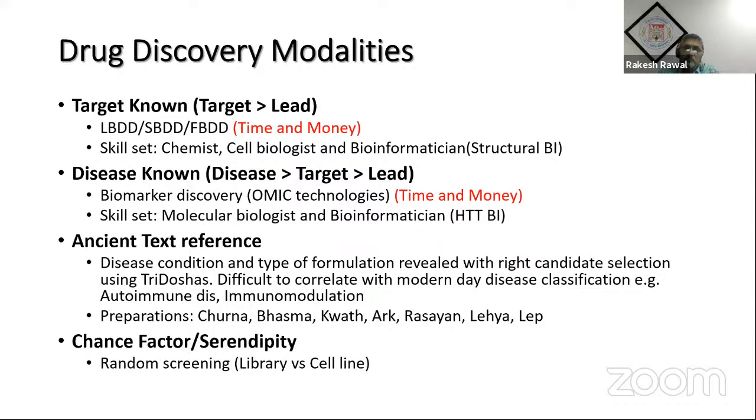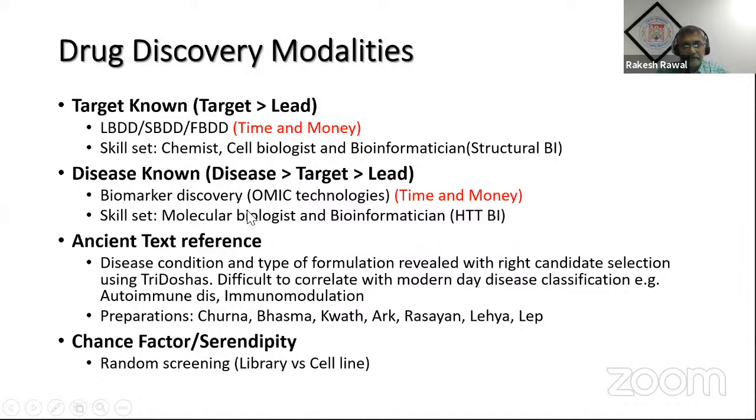Then out of these whole lakhs of chemical repository, which molecule can go and fit with that? Using bioinformatic tools, you can identify that within a few days or few hours, depending on how big your computational system is. So if the target is known, then target to lead is one aspect.